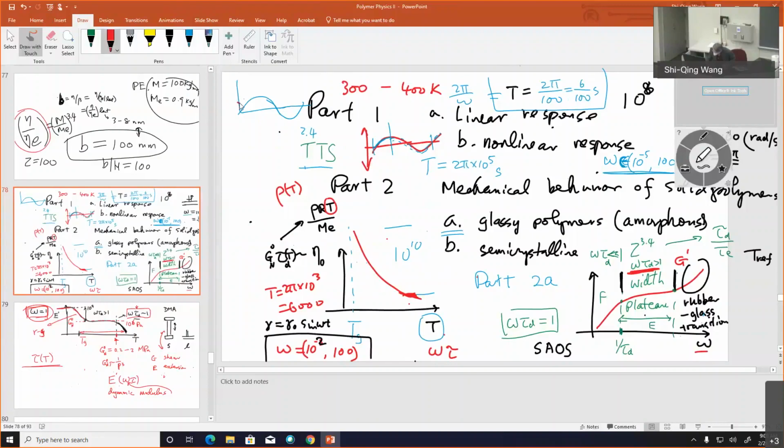The machine will measure the stress, and they find it's shifted away. So you can even graphically imagine that if you shift the frequency around, you will be able to match that one.